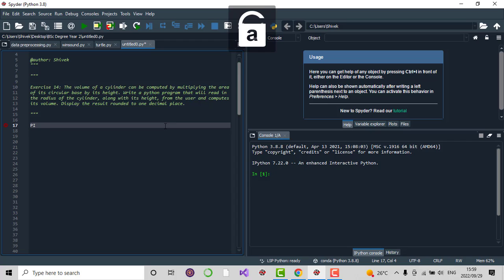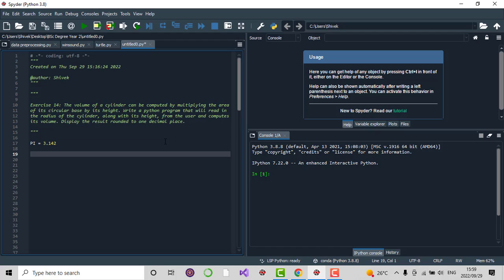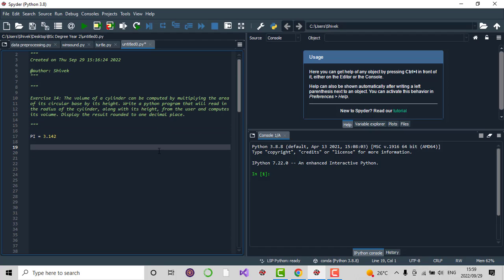As we discussed in the previous lecture, it's 3.142 if you're working with three decimal places, and if you are working with two, it's 3.14. So first things first, we can set up a constant that will help us when we are doing the calculations.